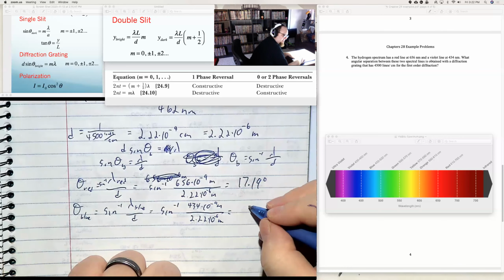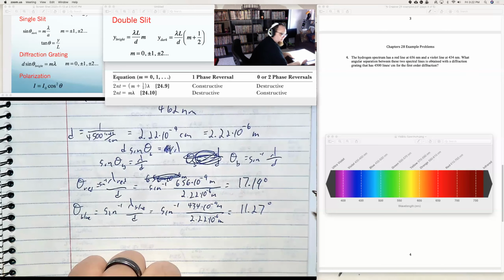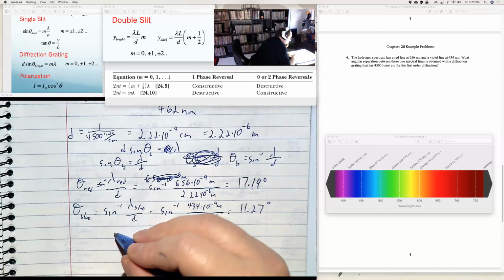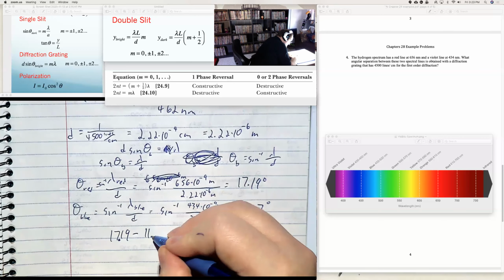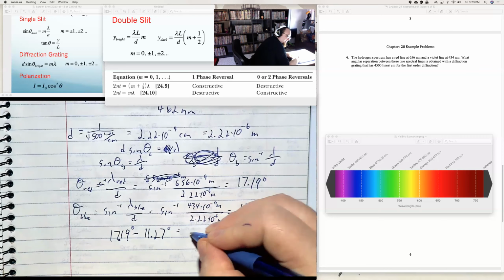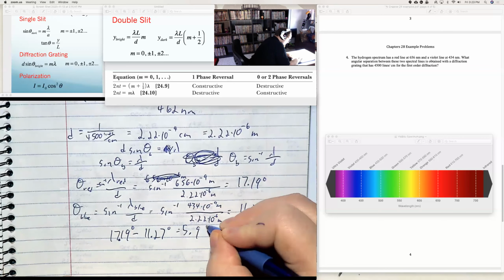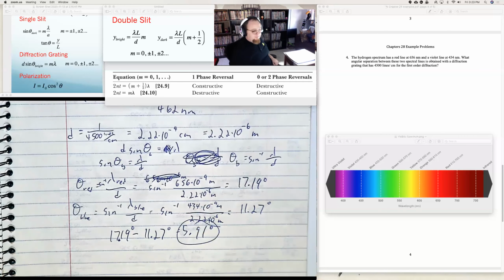Divide them, take the inverse sine, 11.27 degrees. And the difference in angle would just be me subtracting those two numbers. I mean, really, that's how I make these problems complicated. I'm like, do it twice and subtract. But the general idea will go like that.